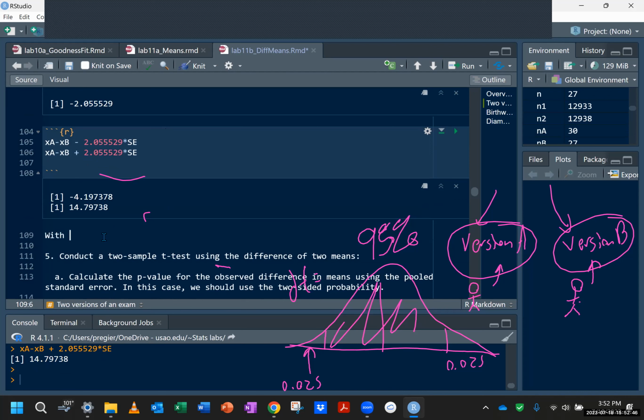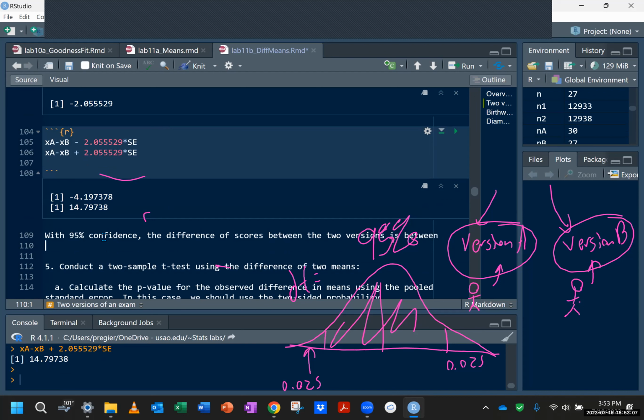So we can say with 95% confidence, the difference between the two sample means lies in this range.